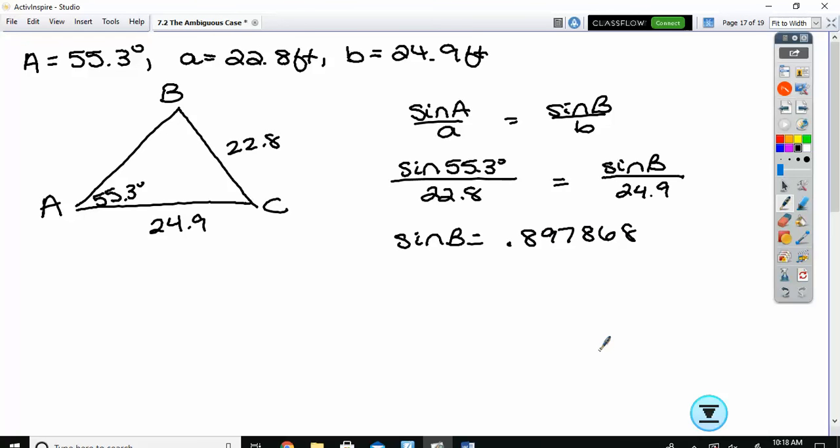You want to keep a few decimal places here, because we're not to our final answer yet. So first of all, will this triangle exist? Yes. So we know sine can be positive in 1 or 2. Reference angle, so you do sine inverse of that, and this is where you can just round to the same significant digits as the problem, so we get theta to be 63.9 degrees.